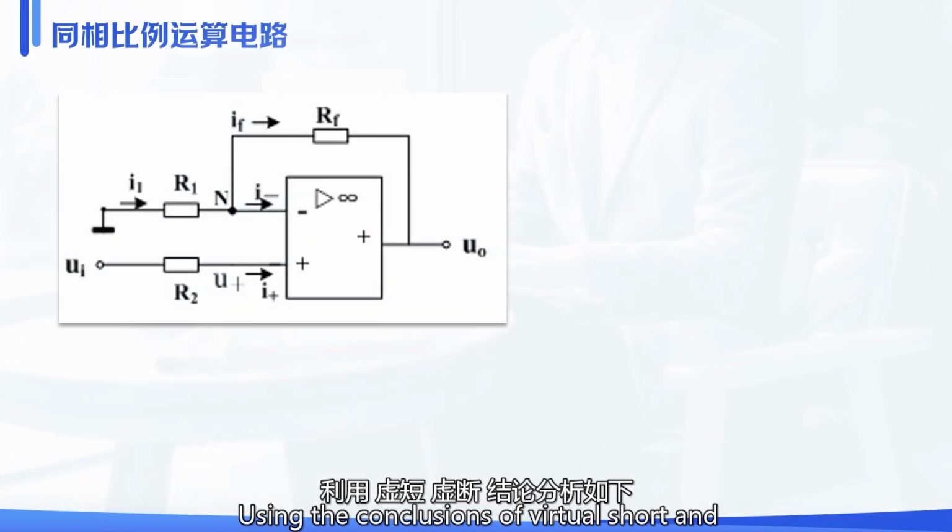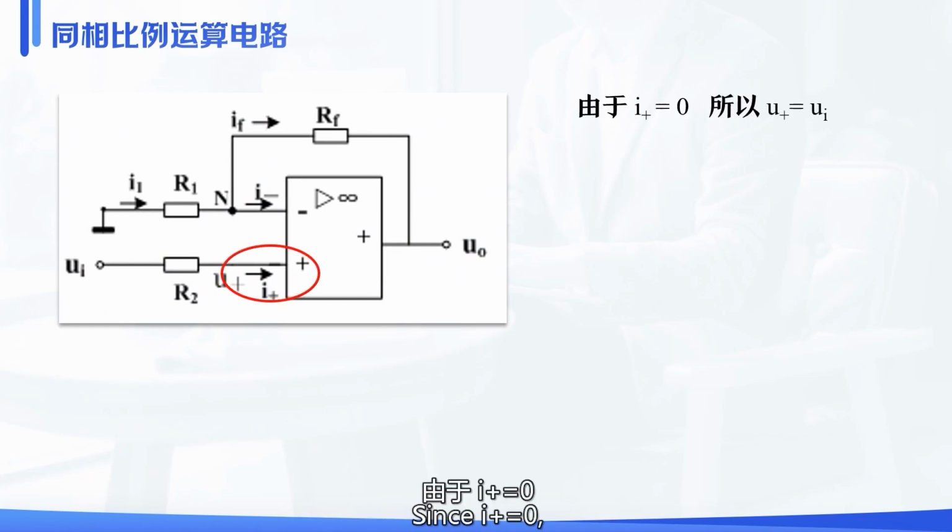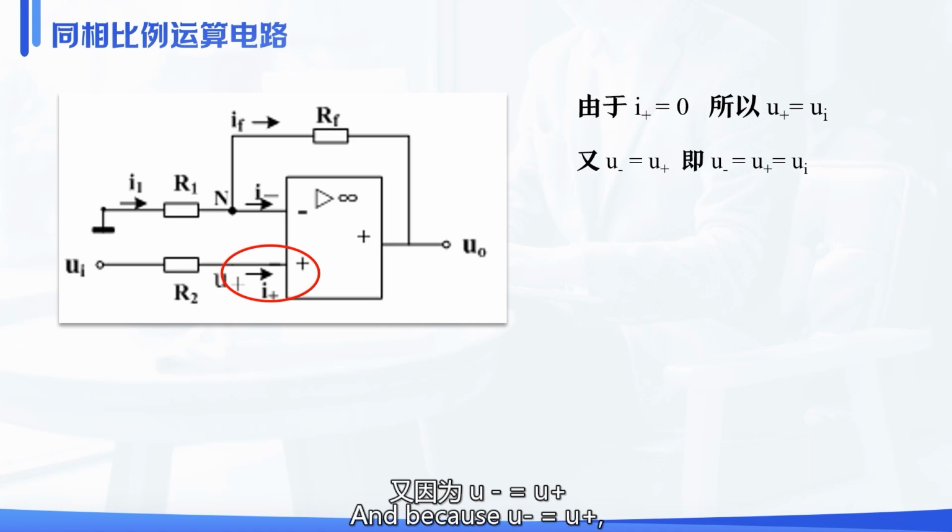Using the conclusions of virtual short and virtual break, analyze as follows. Since I plus is equal to 0, U plus is equal to UI. And because U minus is equal to U plus, U minus is equal to UI.